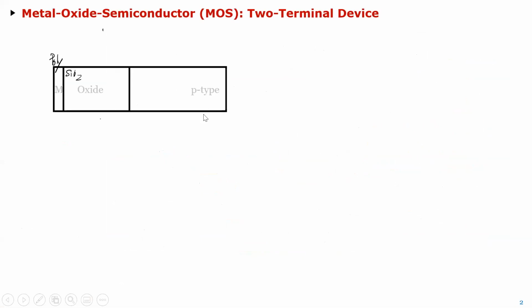The question is, at this interface, there is always some charge here, some impurities, and some inside the oxide as well. What do we do about it?